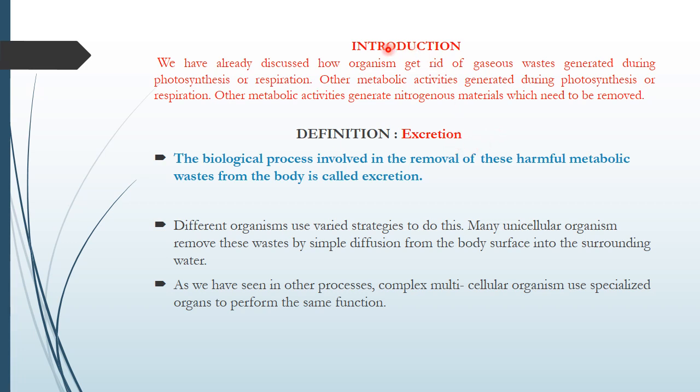For this purpose, our body has developed an advanced system which can eliminate these toxic and harmful wastes from the body. This system is called the excretory system. So what is excretion? Excretion is the process of removing harmful metabolic waste from the body.